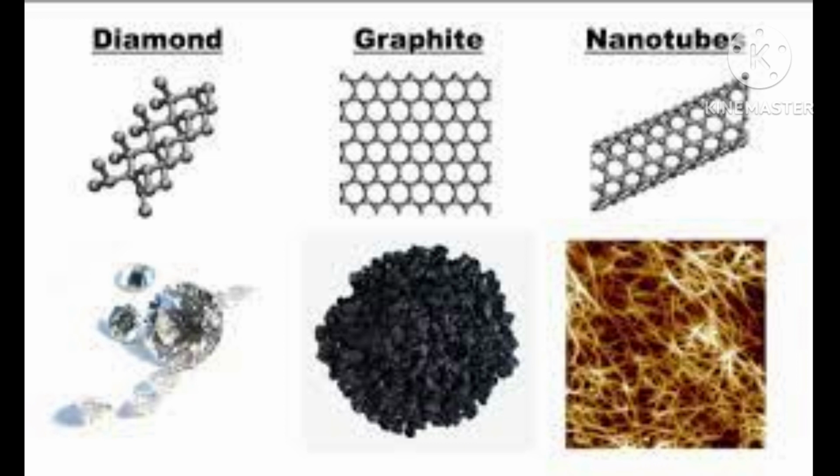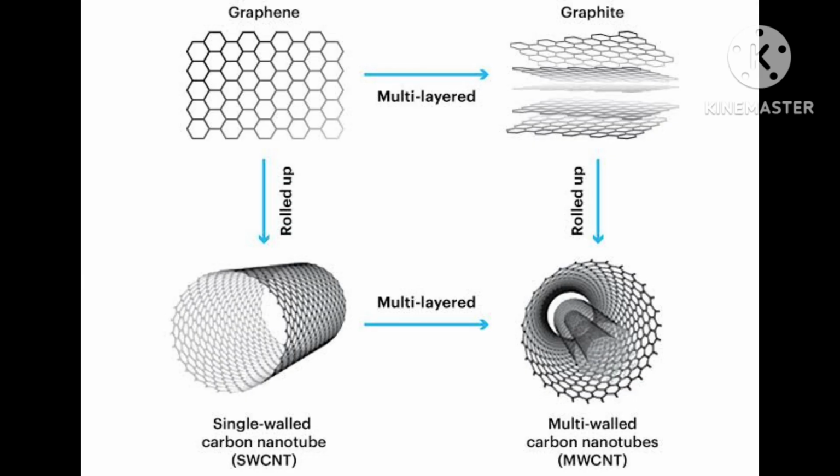Here I told you that carbon nanotubes have sp2 hybridized carbon atoms with a carbon-carbon bond length of 1.44 angstrom, a very short distance between the carbon-carbon atoms.